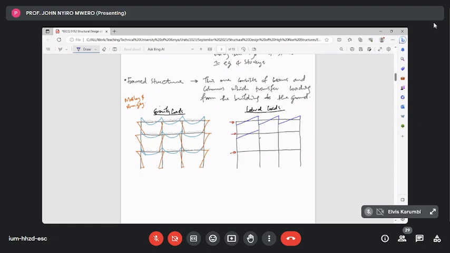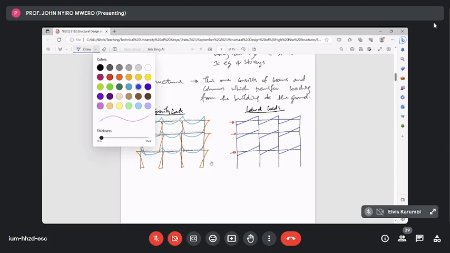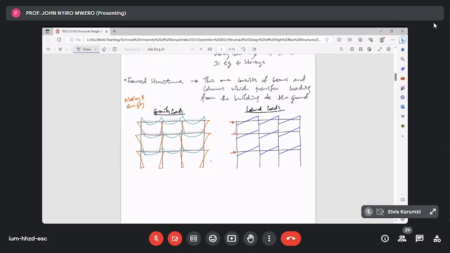Now, I'm sketching this for you, but once we model whatever building you have chosen, and load and analyze it in whatever software you have chosen, this is the kind of output you will get in terms of member forces. Then of course you'd have bending moments in the columns in that manner.